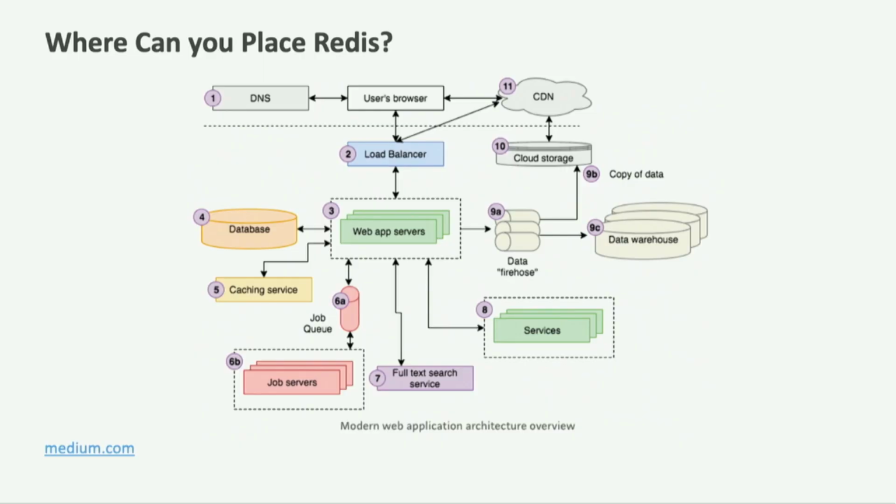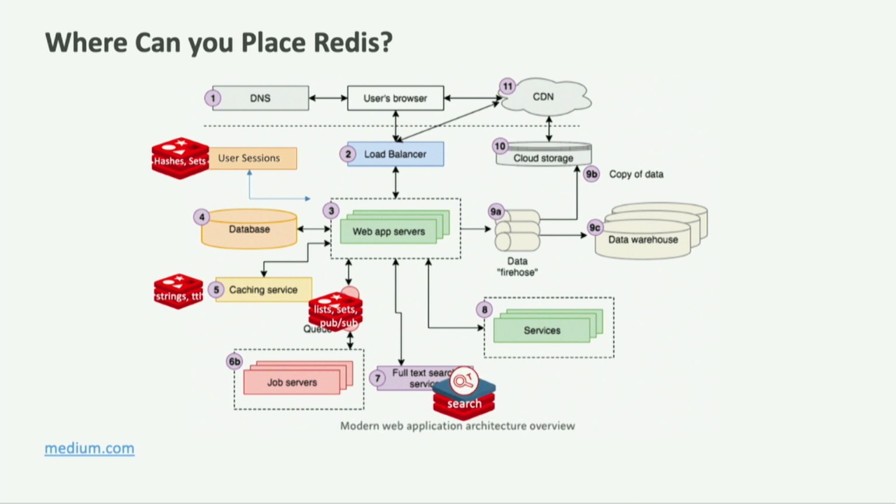So in terms of what can you do with Redis? Let's play around with the typical web architecture space, right? We talked about the different data structures. You could put Redis and use it as a string for all of your caching needs. Session caching, image caching, profile caching, data caching. You could cache almost anything in Redis. You could then go into user sessions with hashes, individual keys to identify all the different subfields. You could use the lists and the sets and the pub/sub elements for a lot of your job queues, and actually streams is a great play in this space.